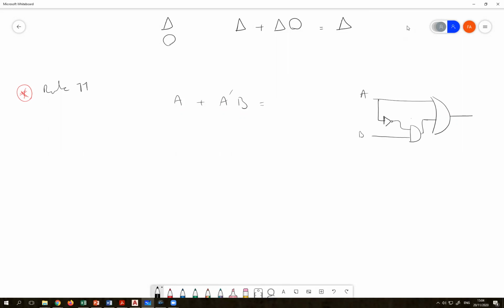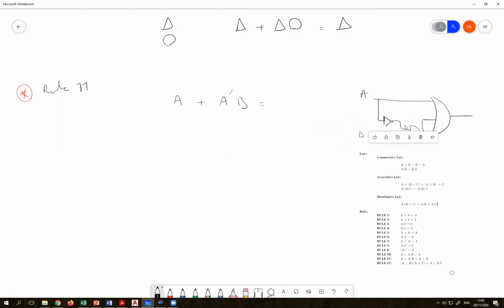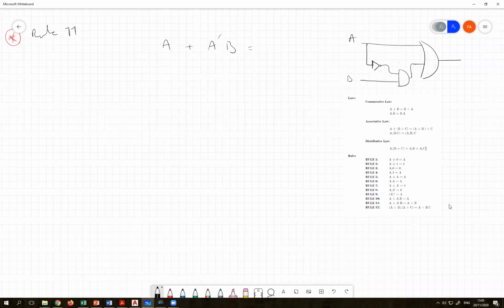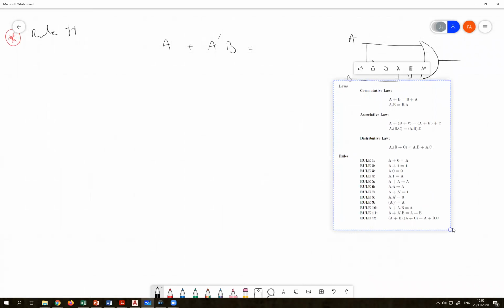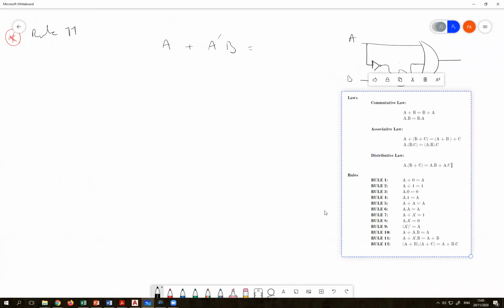So I want to simplify this using the rules that I told you, and I've also got this one here that I can use, which helps me go back to the roots. It's available on the Moodle, and you can use this formula sheet. So what to do? A or A not B?